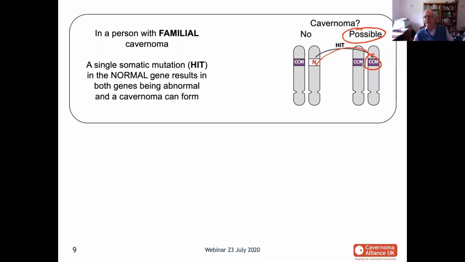It might be having hits elsewhere, but they won't in general matter. If you have a liver gene, then having a mutation in it doesn't do any harm at all. You can lose a liver cell without worrying about it. But if you have a hit on the Cavernoma gene, then you can get a Cavernoma formed, and that's the familial form of Cavernoma.